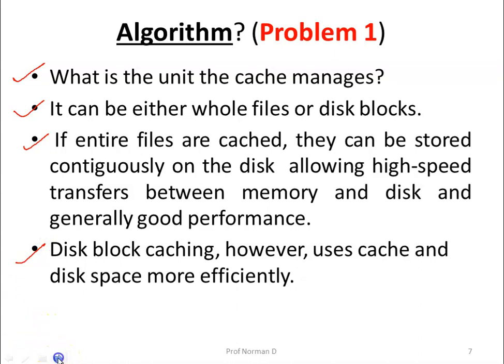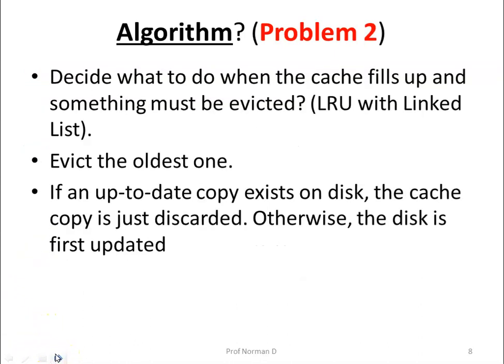Now the second problem is that the algorithm must also decide what to do when the cache fills up and something must be evicted. In such a case, any of the standard caching algorithms can be used here. But because cache references are so infrequent compared to memory references, an exact implementation of LRU using a linked list is generally feasible in this case.